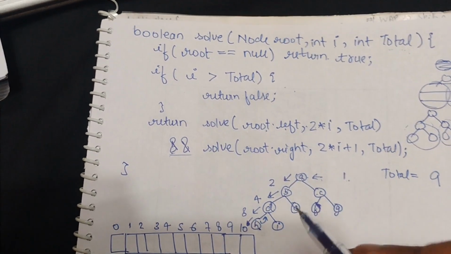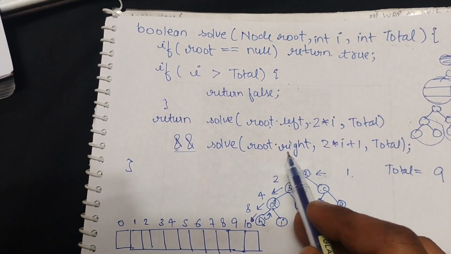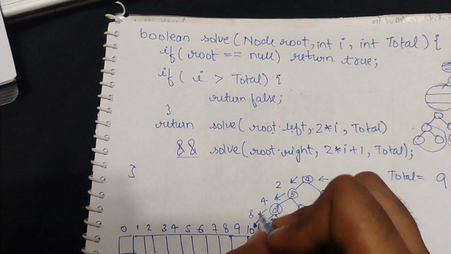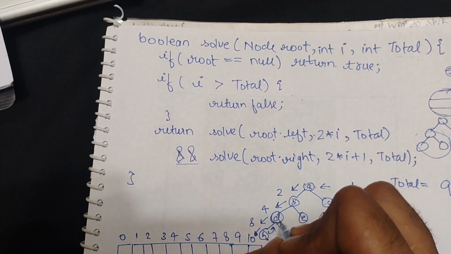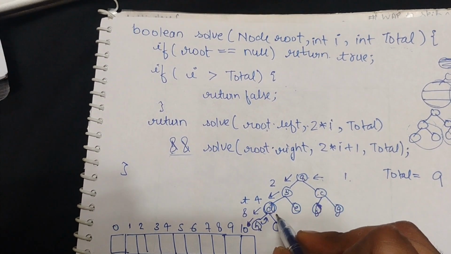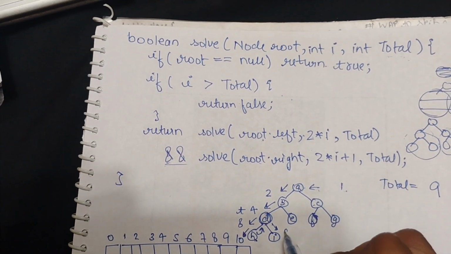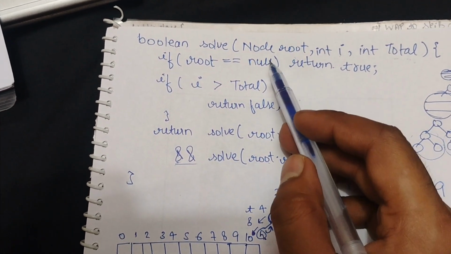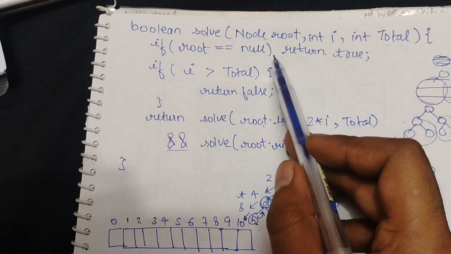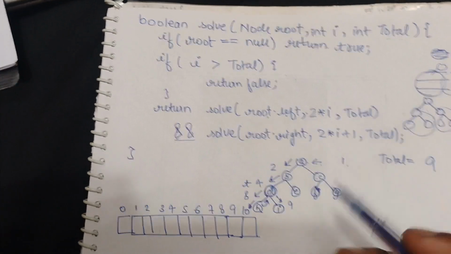Then return true. It will come over here. Now it will call this root dot right. D has got true from left. It will call this root dot right with 2 into I plus 1, that is 9. 9 will check, is it null? No. Is 9 greater than 9? No. It will check for left and right.